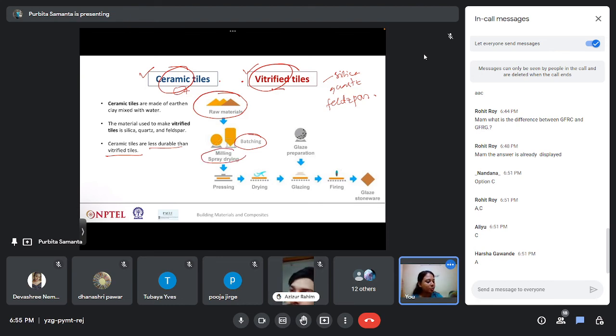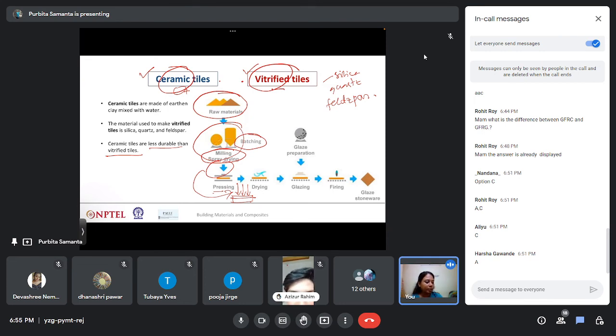Milling and spray drying are done when these raw materials are put in proper proportions. Then the process of hydraulic pressing, or you can say pressing, happens. This pressing process helps in the compaction of all the materials that you are using to make tiles. So this is the utility of hydraulic pressing.